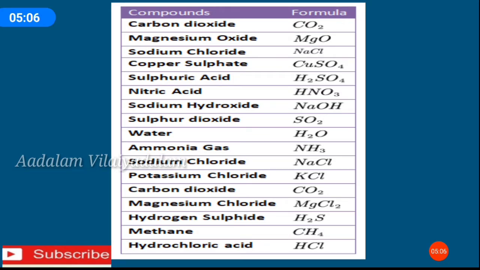Potassium chloride, KCl. Potassium, the symbol is K, then chlorine, Cl. Carbon dioxide. Then hydrogen sulfide, H2S. Methane, CH4. Hydrochloric acid, HCl. So these are some of the compounds and their formulae.